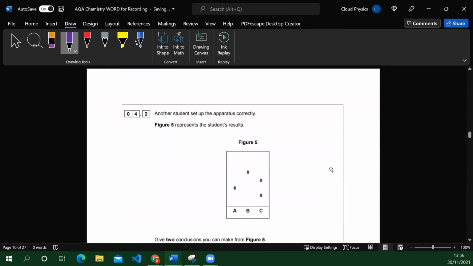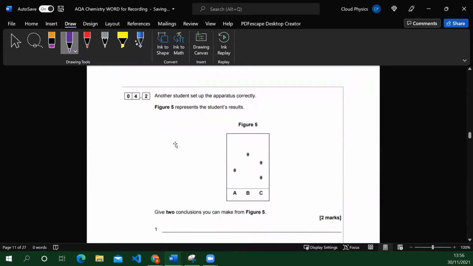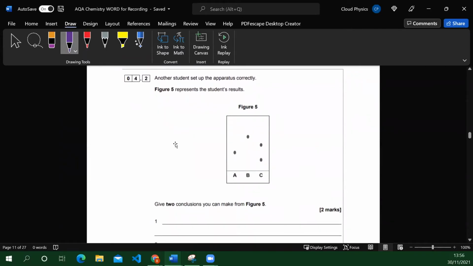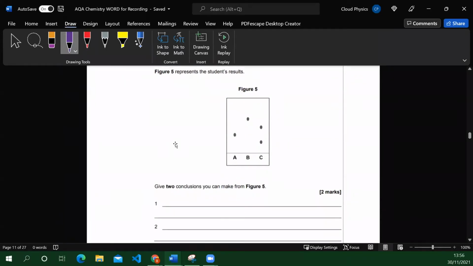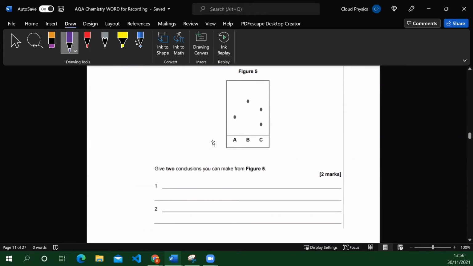Another student set up the apparatus correctly. Figure 5 represents the student's results. Give 2 conclusions you can make about figure 5. Okay, so 2 conclusions. A's only got 1 pigment in it, and B. So A and B only contain 1 colour or pigment.